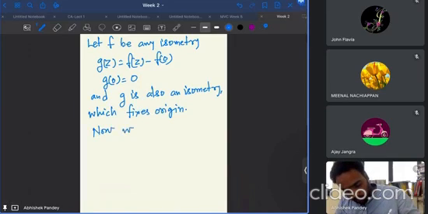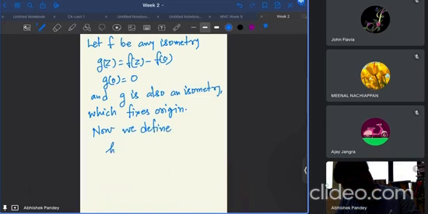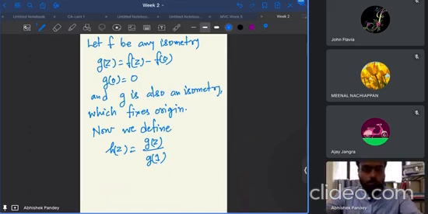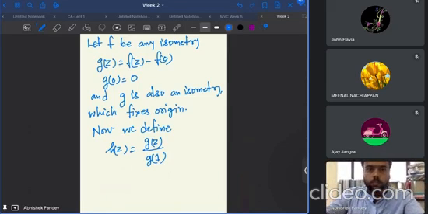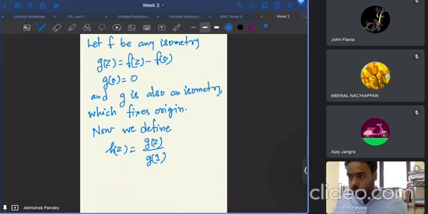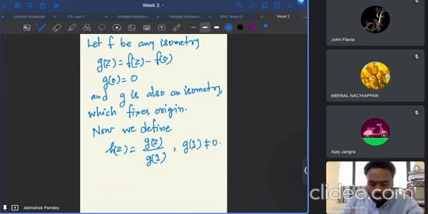Now we define h(z) equal to g(z) by g(1). Obviously g(1) is non-zero because g(0) is already 0, and isometries are basically one-one.